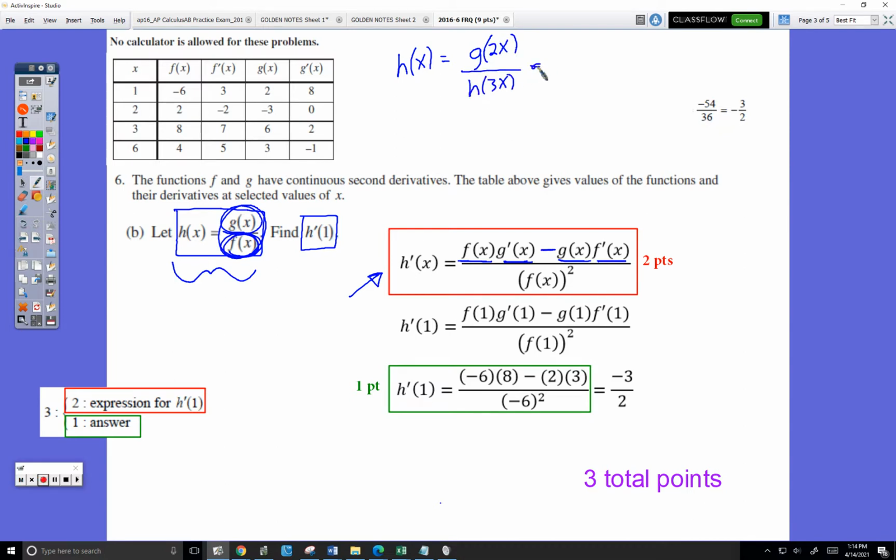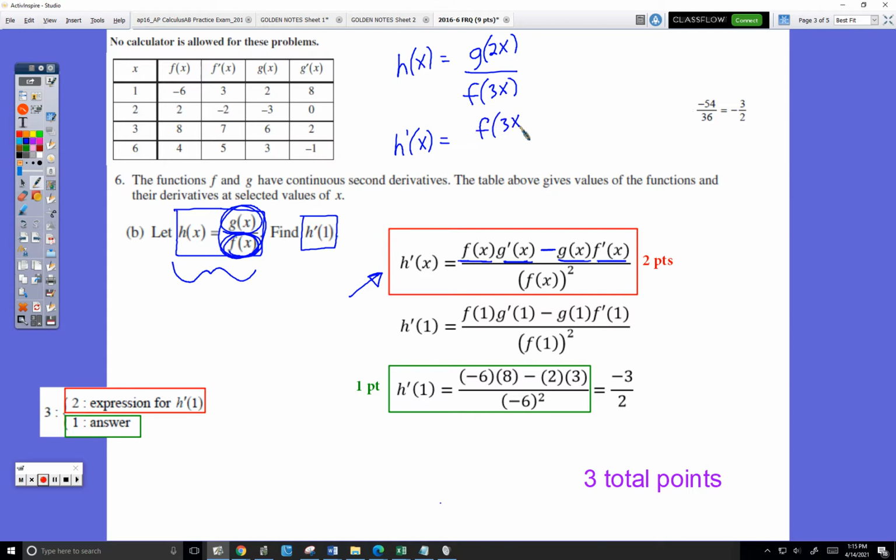If I were to find the derivative, let's get rid of that. If I were to find h prime in this case, oh, that's not h, that should be f, sorry. So back up a little more. So if this were over f of 3x, h prime would end up being the bottom.